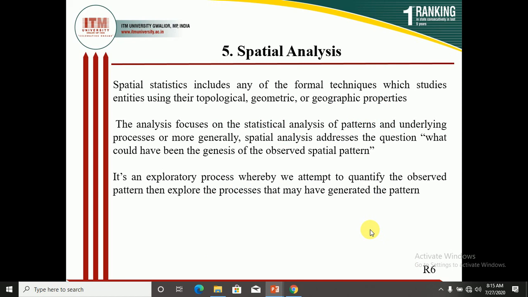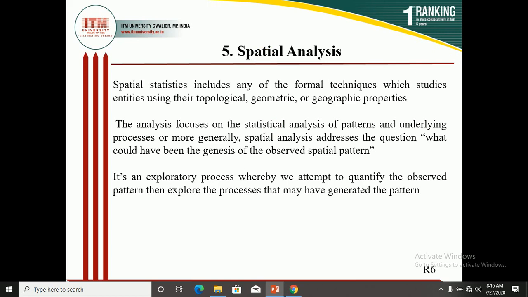Next one is spatial analysis. We can simply understand it like this: spatial analysis of anything which is related to the earth. So spatial analysis includes all types of geometrical, topographical or any sort of technique which helps in analyzing data related to the earth.